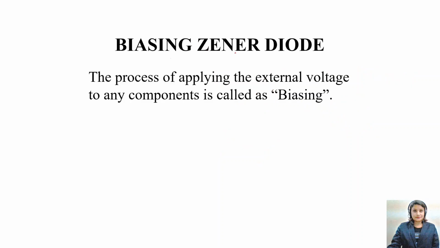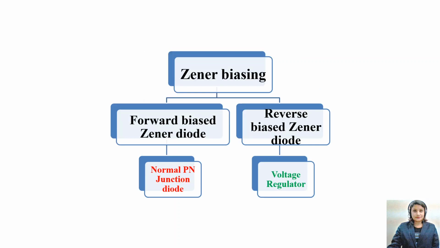Now, biasing the Zener diode. Biasing is the process of applying external voltage to any component. Simply, if you connect a battery to any given electronic component, the process we call biasing. So, Zener diode can also be biased. Yes, Zener can be forward biased, and Zener can also be reverse biased.